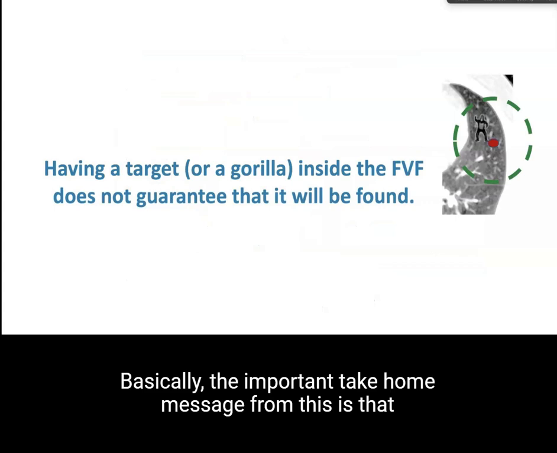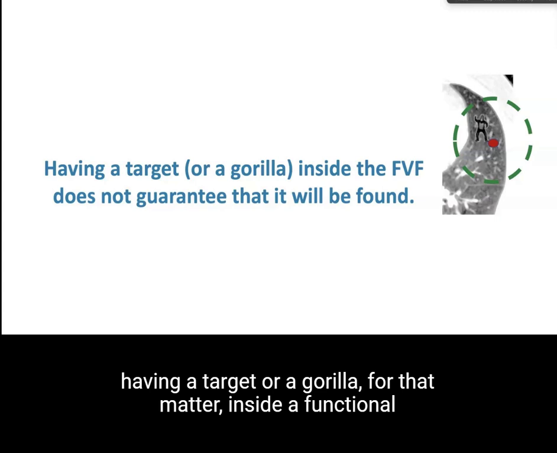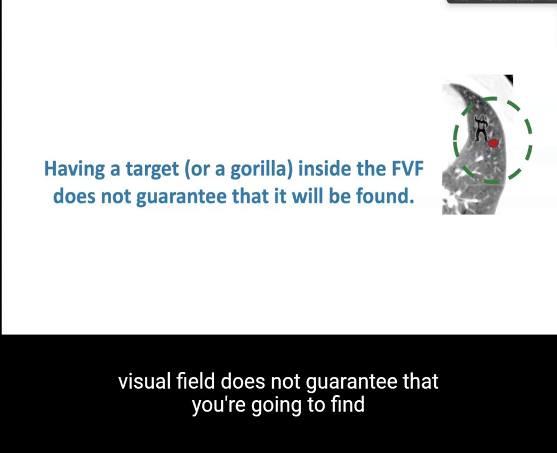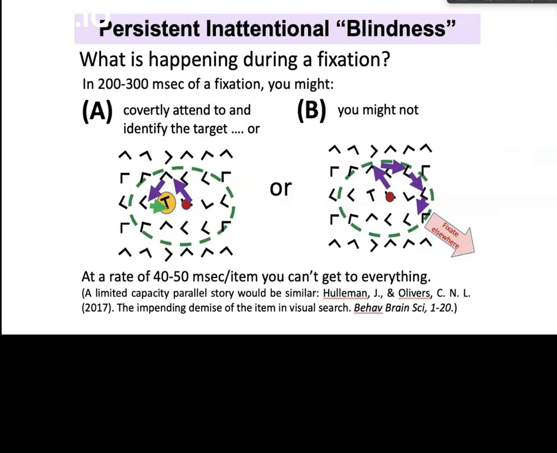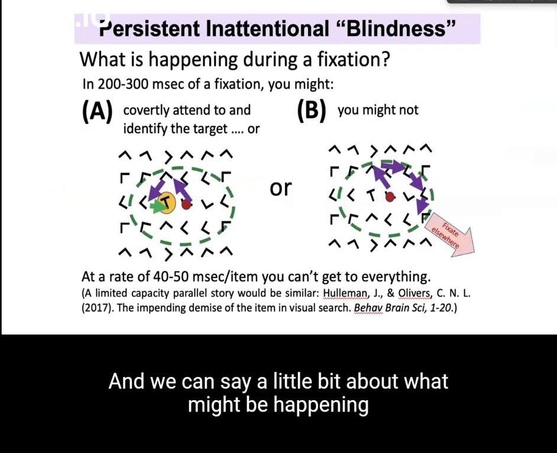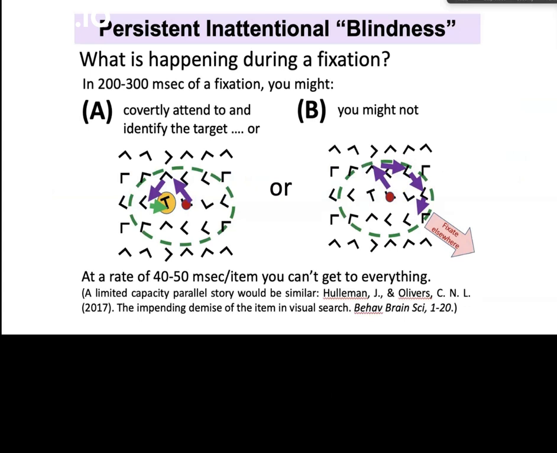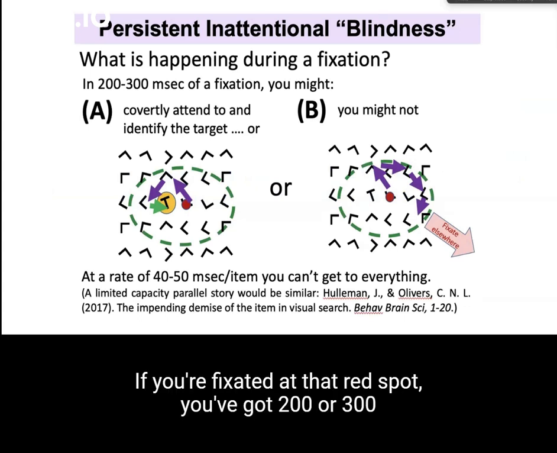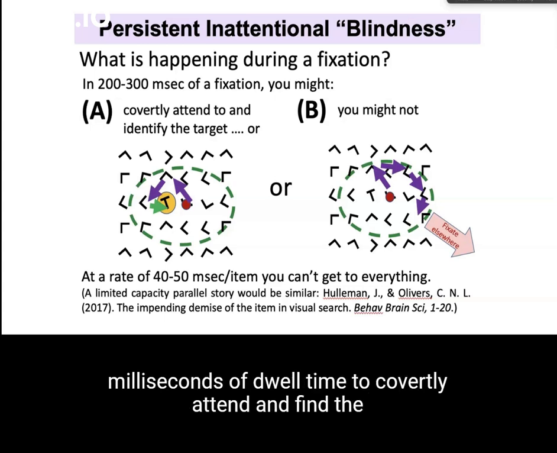Same data, basically. The important take-home message from this is that having a target, or a gorilla for that matter, inside a functional visual field does not guarantee that you're going to find that target. And we can say a little bit about what might be happening in this case. If you're fixated at that red spot, you've got 200 or 300 milliseconds of dwell time to covertly attend and find the target.